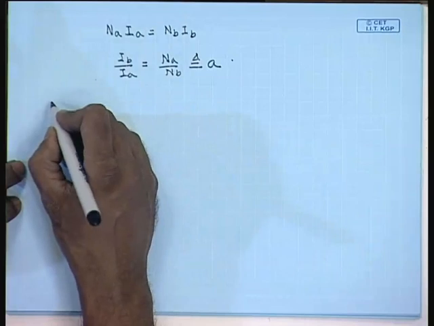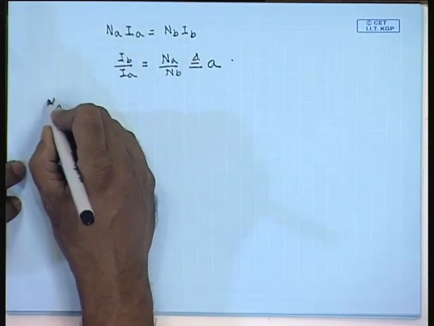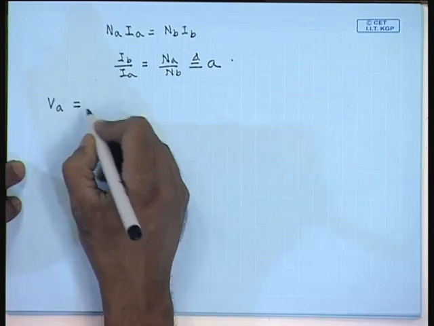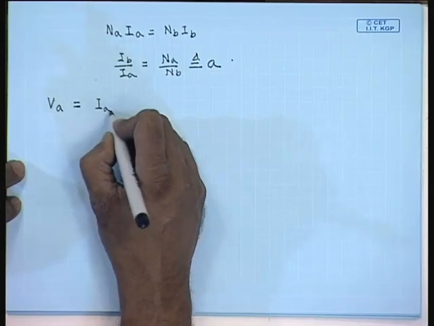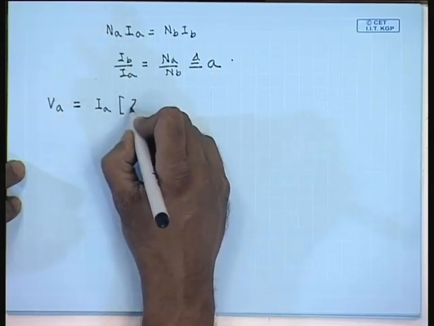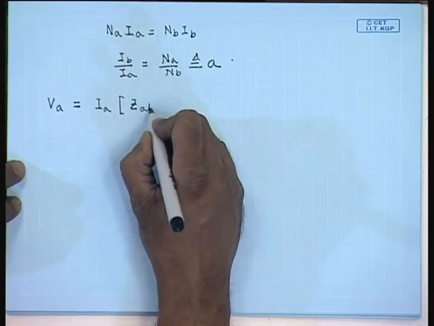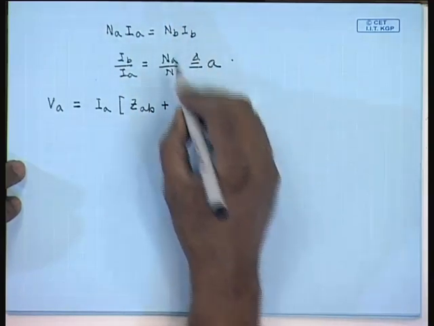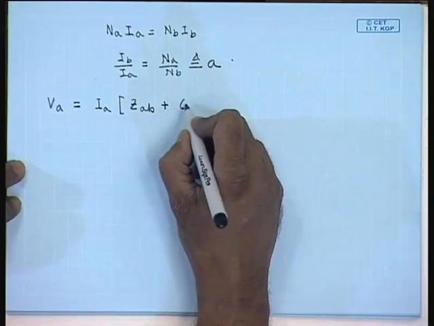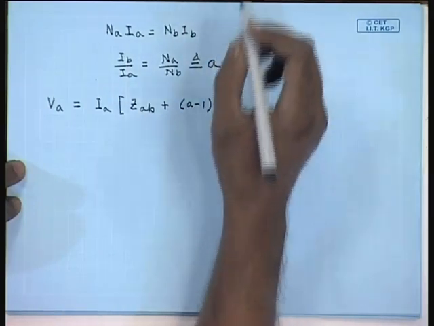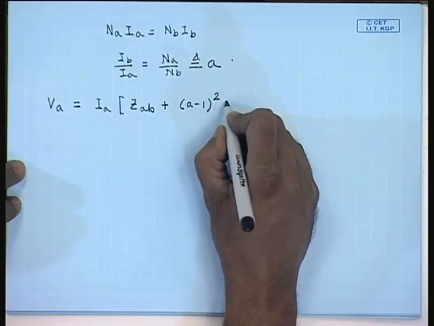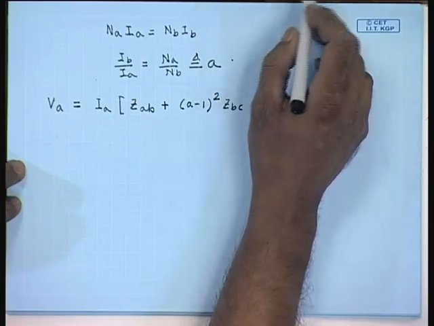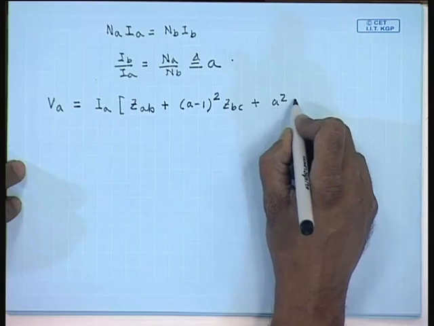Hence, we can write V_A to be equal to I_A into Z_AB plus (A minus 1) into (A minus 1), that is (A minus 1) square Z_BC, plus A into A, that is A square Z_L.